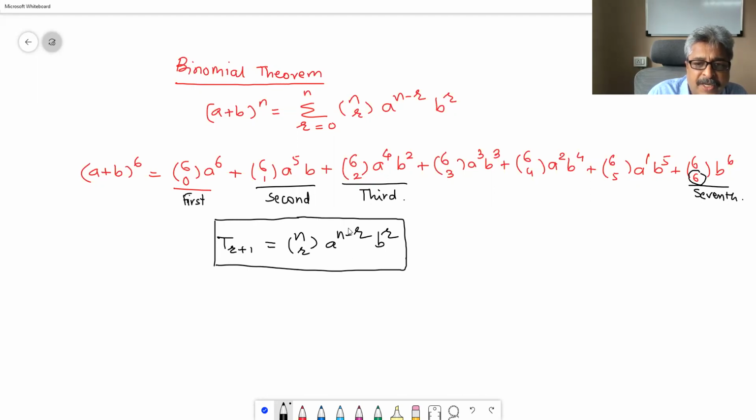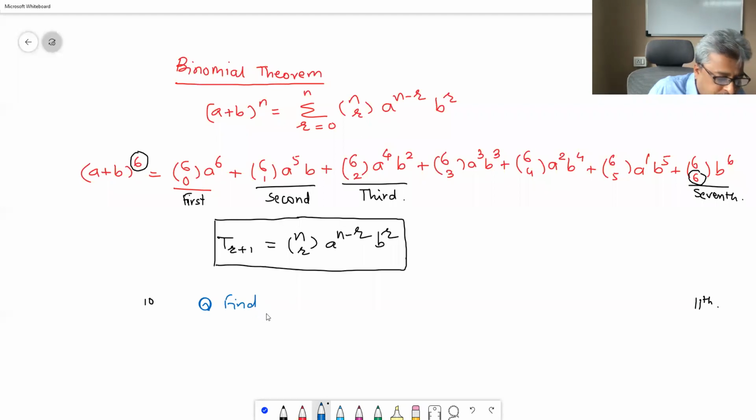Start from r = 0, that is our term number 1. r is equal to n, that is our (n+1)th term. So if the index is 6, we will have 7 terms. If index is 10, we will have the 11th term as the last term. One should note this.